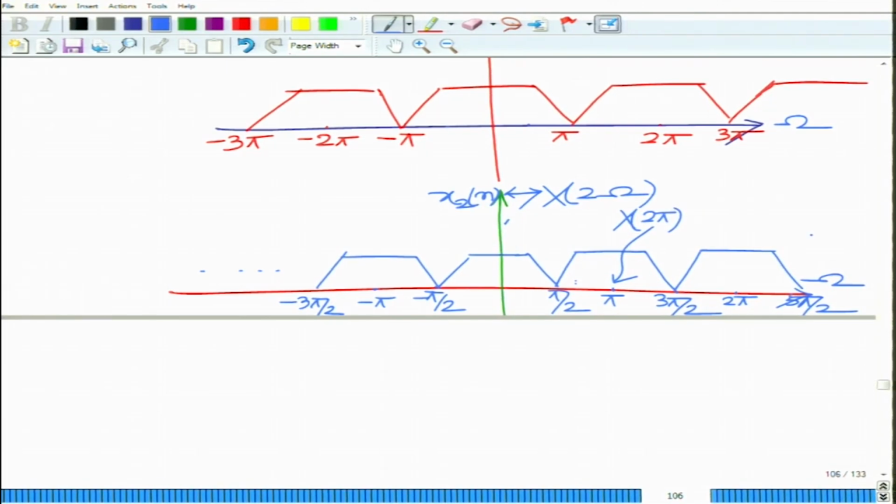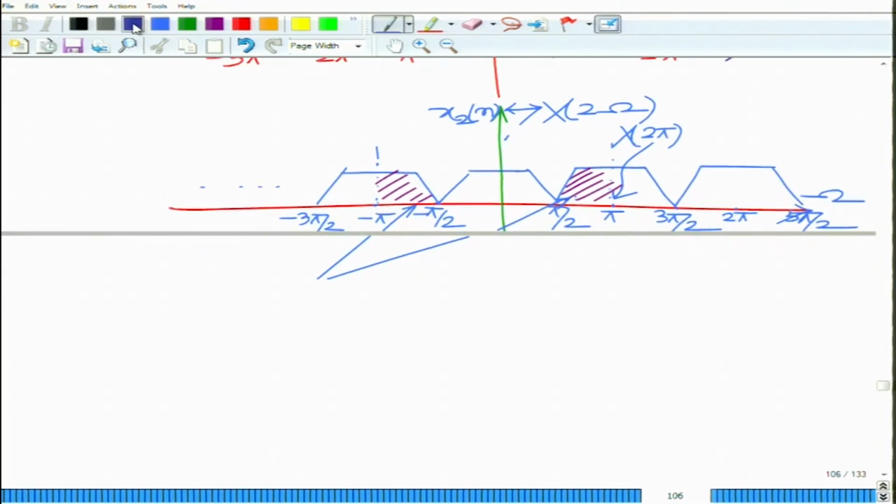So, this whole spectrum shrinks, and as a result you can see you have replicas of the same spectrum. If you look at the minus pi to pi spectrum, you will have a replica of the previous copy of the signal. So, you have replicas of the original spectrum in minus pi to pi.